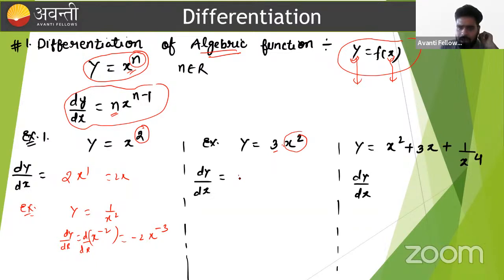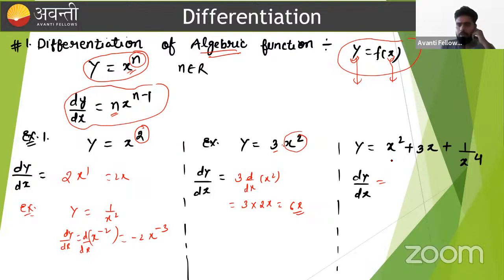So differentiation does not affect the 3. We can put 3 outside, and as usual, perform the differentiation of x square, and by the formula this will become 2x. And what is our answer, beta? 6x.